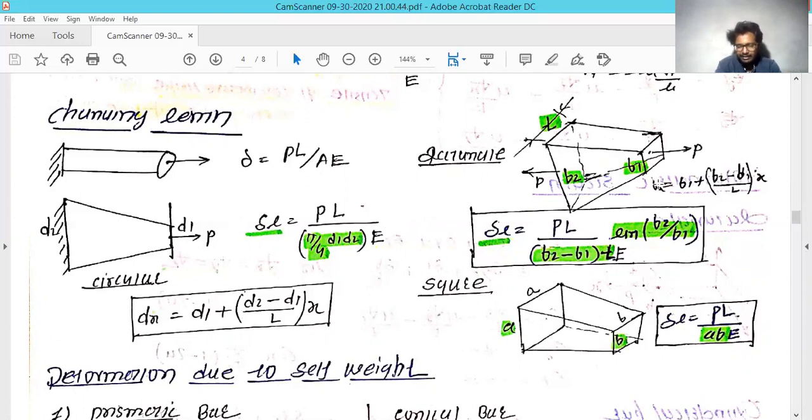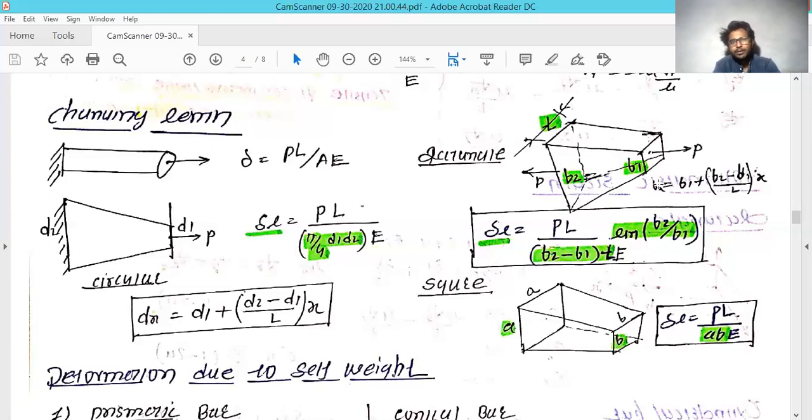And in some cases they ask for the derivation of this cross section, where you want to find the diameter from d1 or d2 at x distance, at x length.